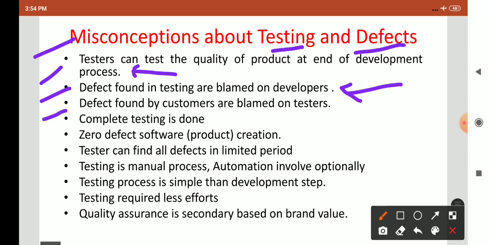Then defects found by the customer are blamed on the tester. So here again, defects found by the customer are blamed on the tester. Again, this is not a considerable scenario, because it is not possible to test your product 100%, or we can say it is not possible to generate a bug-free product.